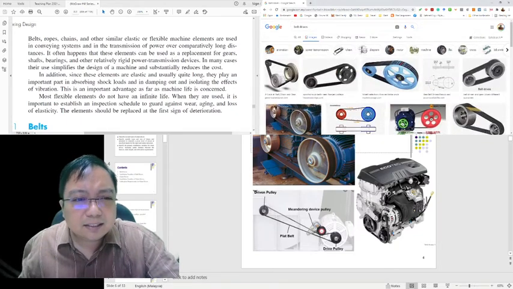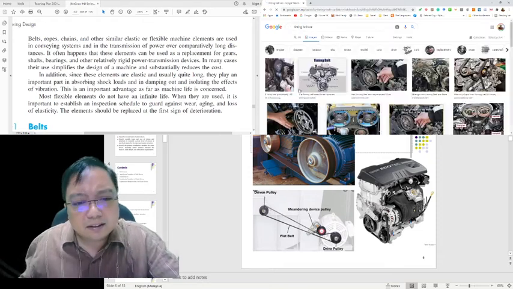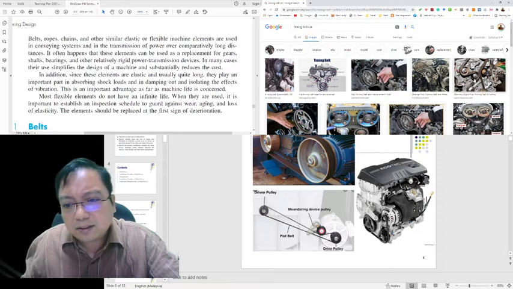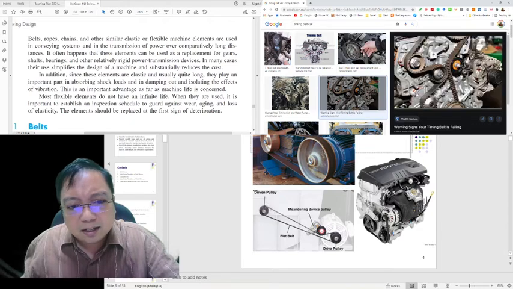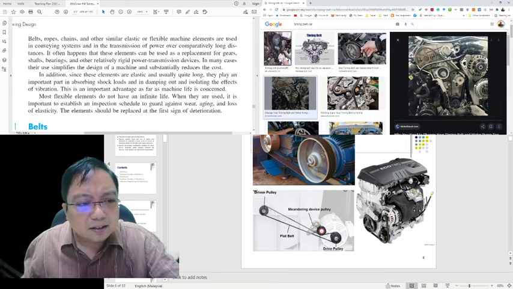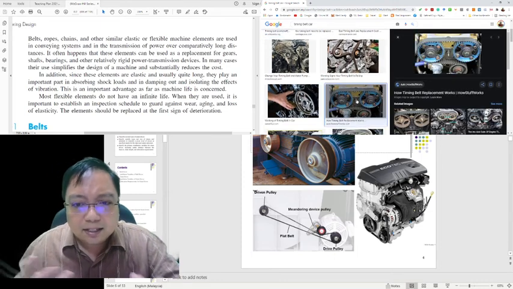This is the timing belt in the car. I googled it, this is a timing belt. They have wear and tear here. Of course eventually you will replace it. This is among the things that we learn in this topic.